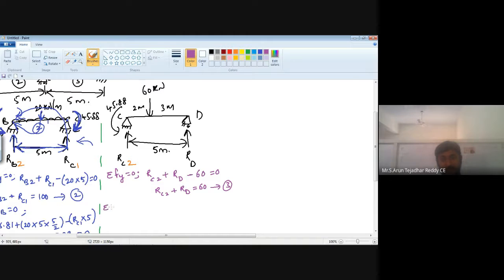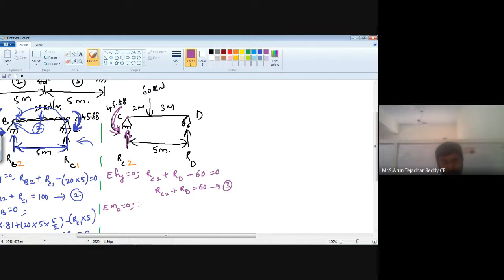Next, apply the other equation of equilibrium, moment about C2 is equal to 0. Whatever the forces passing through point C2, all will be 0. Here RC2 is at the point C2, so we can write it as RC2 into 0. Okay, next, write the remaining. Here one moment is acting at point C2. How is it moving? It is moving anti-clockwise.